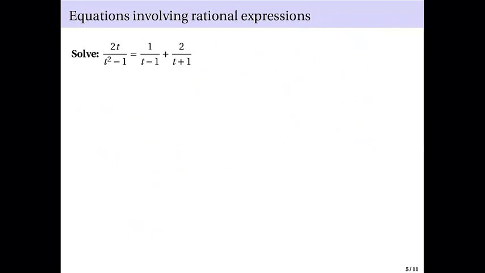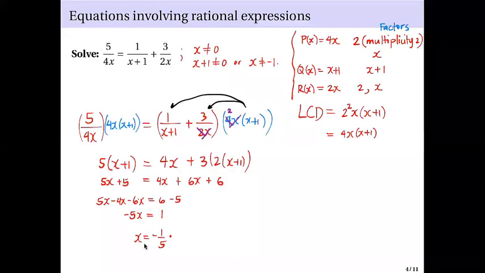Here, we have 2t over t squared minus 1 equals 1 over t minus 1 plus 2 over t plus 1. Sorry, there was a question. No solution. No, this is the solution. Sorry, I forgot to box that, but that is the solution. So verify it is a solution by doing the checking part.